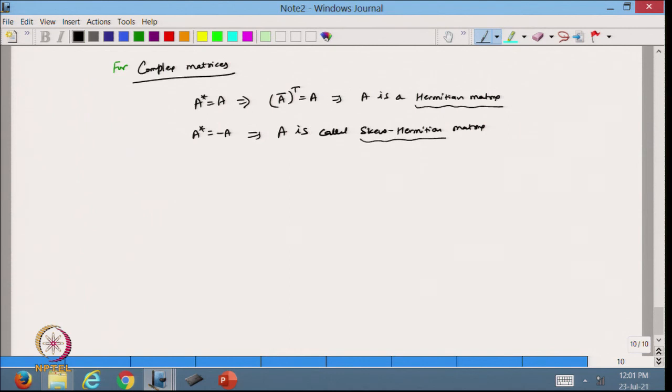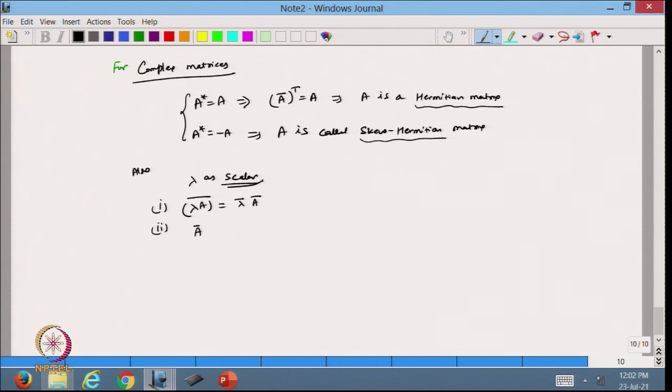One thing extra we need to do whenever we are dealing with the set of complex numbers: if I take any lambda as a scalar, coming from the complex numbers, then the conjugate of lambda A is equal to lambda conjugate times A conjugate. Some observations you can write.